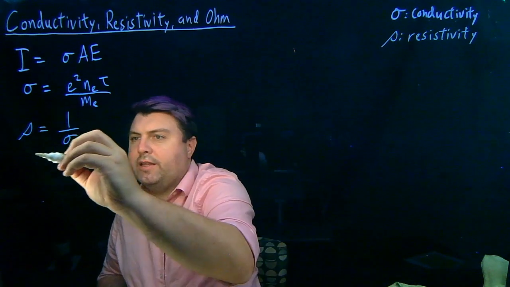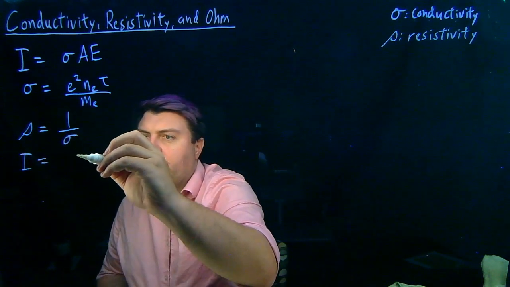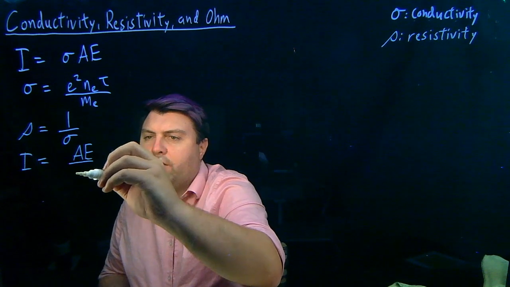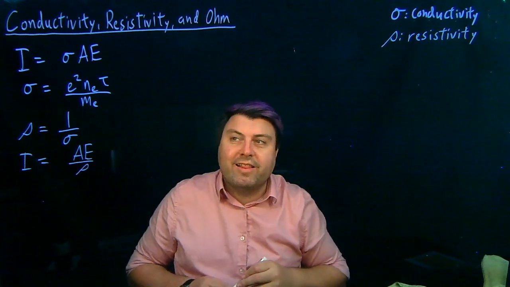So if we do that, then we can rewrite our current as AE over rho. And that's a good step.